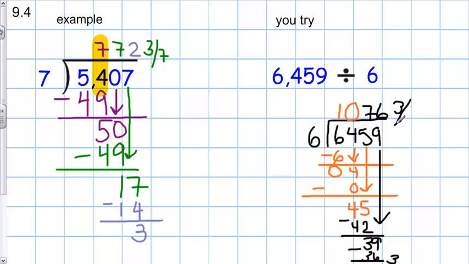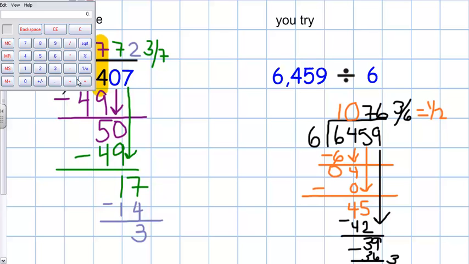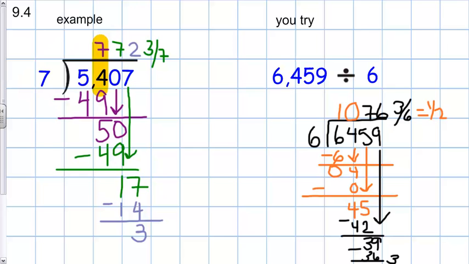So this time my remainder is going to be 3/6, which can also be reduced to 1/2. So 1,076 and 3/6 is my final answer. Let's check that real fast. 6,459 divided by 6 gives me 1,076.5, which is also 1/2. Bada bing, bada boom.